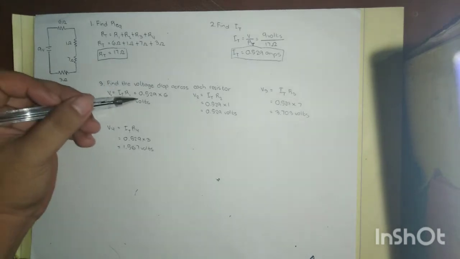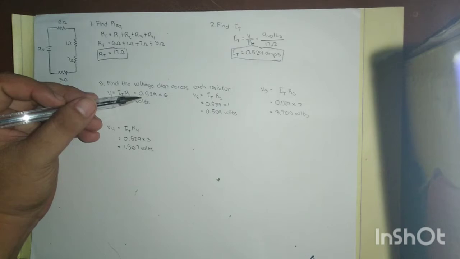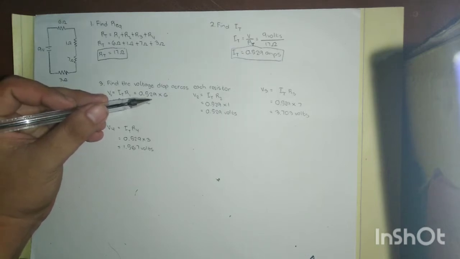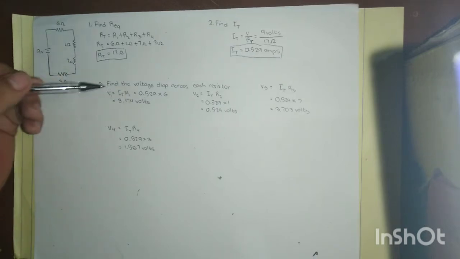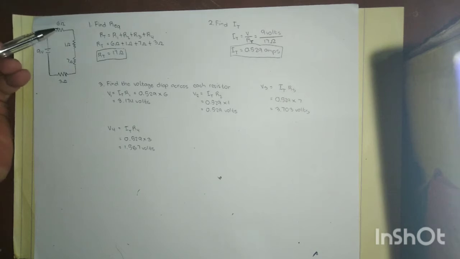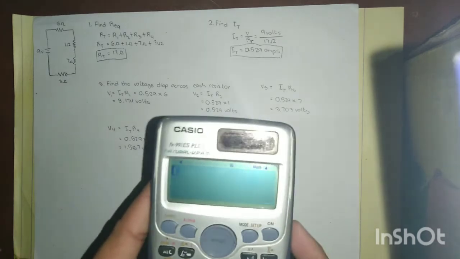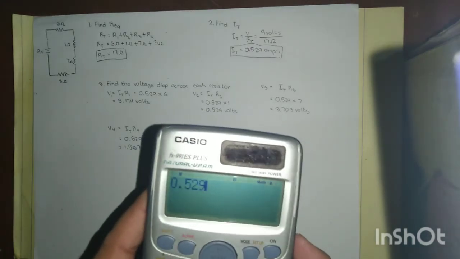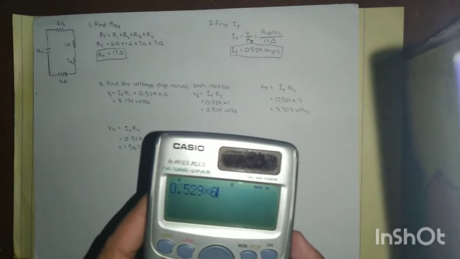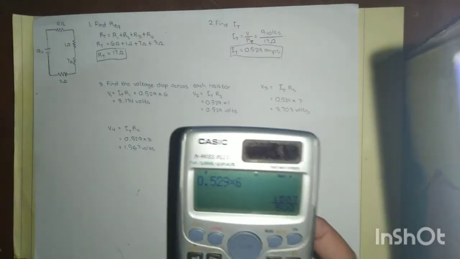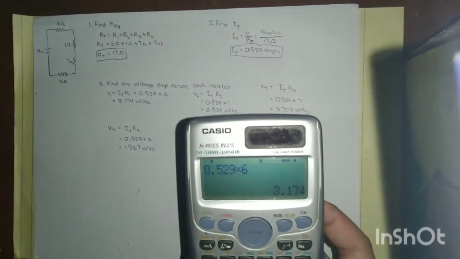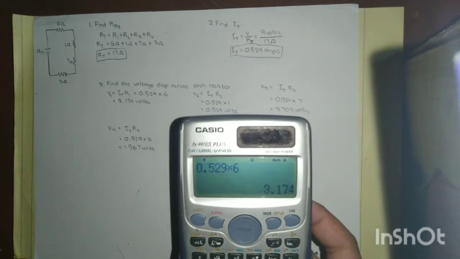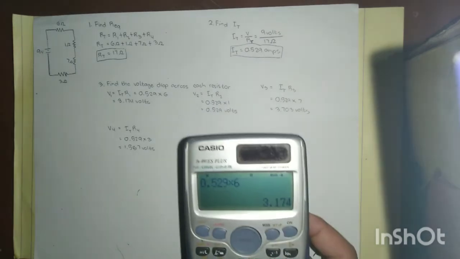So the total current is equal to 0.529 amps multiplied by the first resistor, which is 6 ohms. So 0.529 amps times 6 ohms is equal to 3.174 volts.